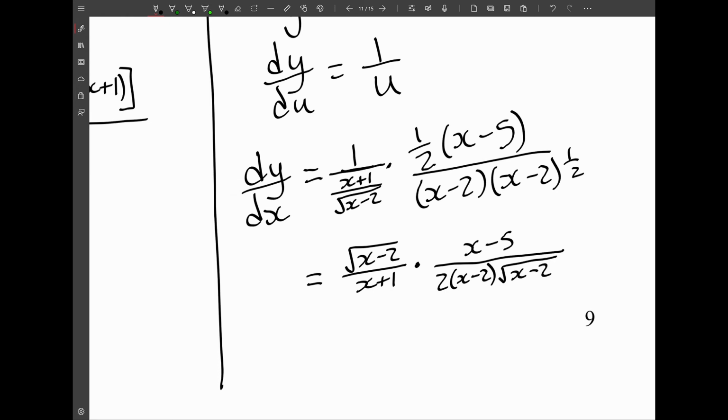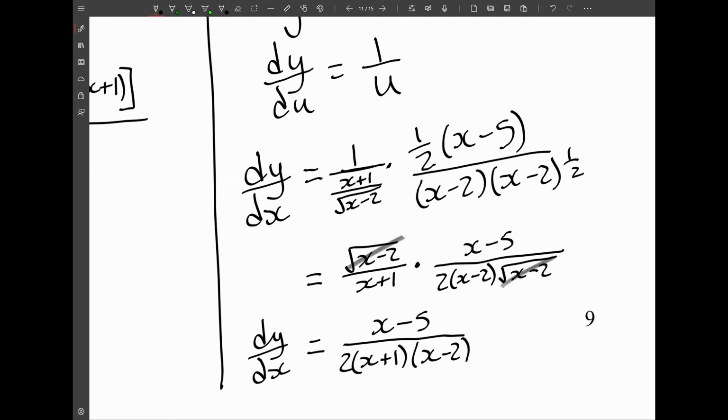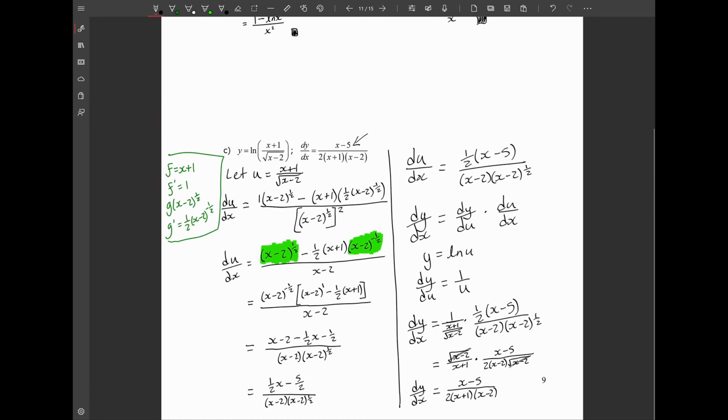All right, then I can go ahead and cancel these guys out. They're gone. And what I'm left with is dy dx is equal to (x minus 5) all over 2 times (x plus 1) times (x minus 2). And hey, that's what we were looking for all along.